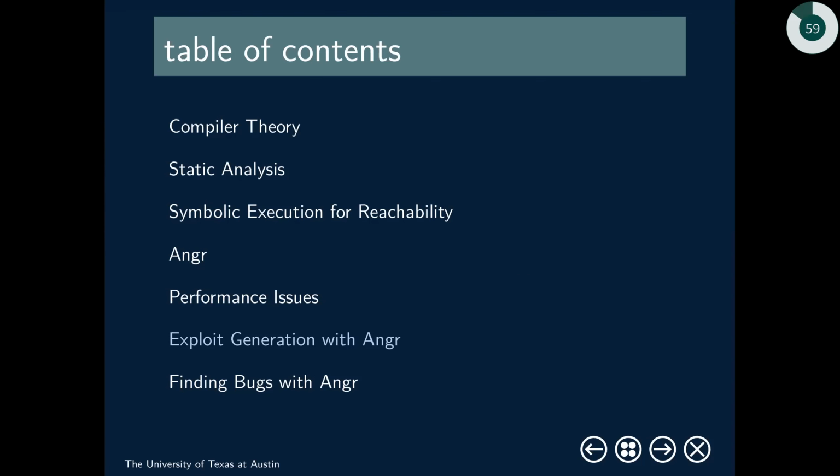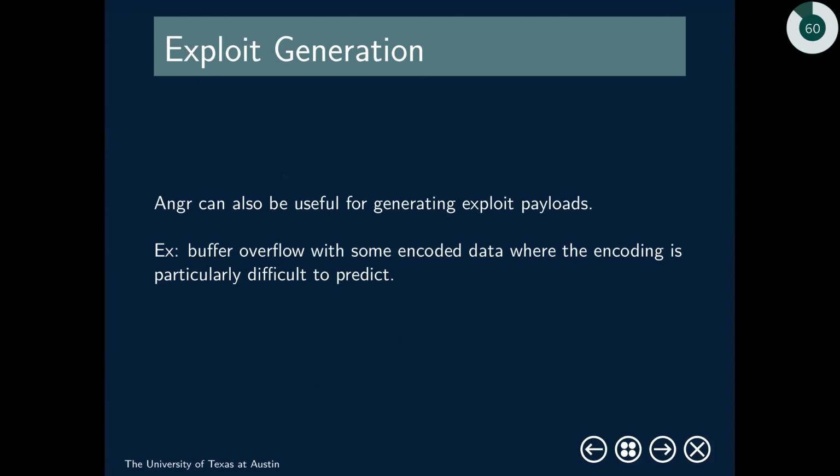Okay, last two things real quick and then the demo. So for exploit generation with Angr, we can also use Angr to generate exploit payloads. It's not only a reverse engineering tool, it's also a binary exploitation tool. So for example, consider a normal buffer overflow, but the data in the buffer overflow is encoded with some wonky encoding scheme that we don't really know how to predict.